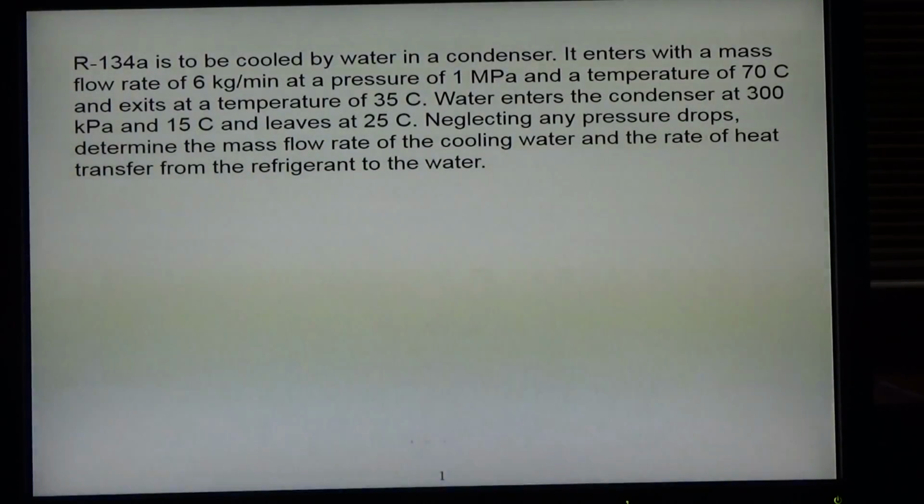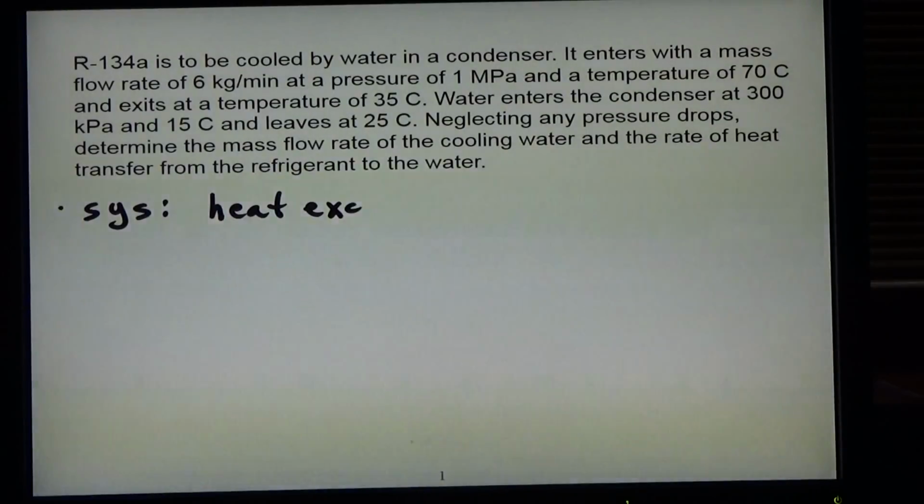Alright, so let's start by setting this problem up. That means we need to define the system. So defining the system for the heat exchanger is a little bit complex because we actually look at the system multiple ways. But we start off by looking at the heat exchanger as the system. So we're going to define this first of all. Our entire heat exchanger is the system.